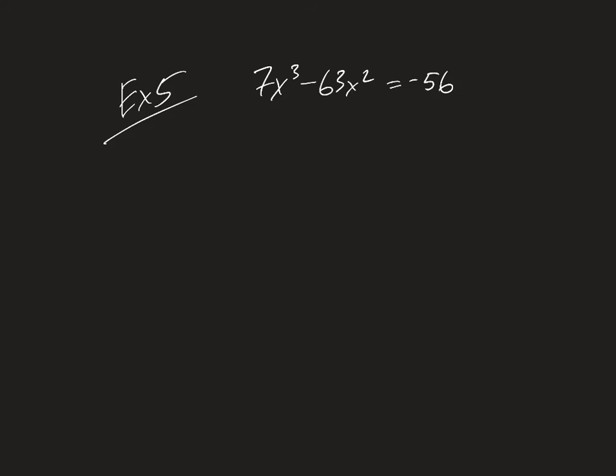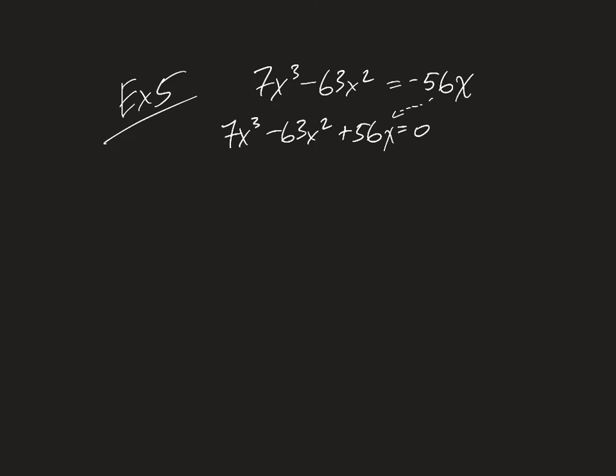First set equal to 0, which means that you're going to need to add 56 to both sides to bring that over. Then you're going to have 56x. Copied that wrong.